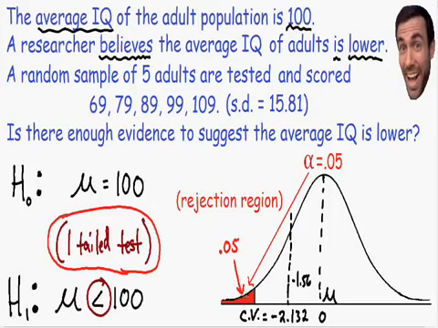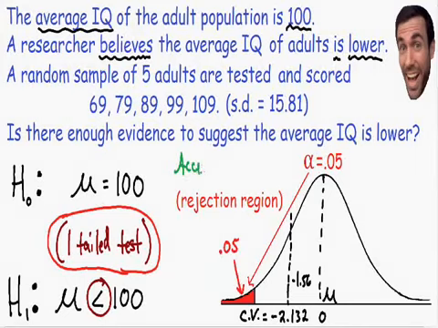Notice how this value of negative 1.56 is not in the area of the tail. It's not in the rejection region, which means that we cannot reject the null hypothesis. Our null hypothesis, which says that the average IQ is equal to 100, we cannot reject that. We fail to reject the null hypothesis, or the easy way to put it is we have to accept it.